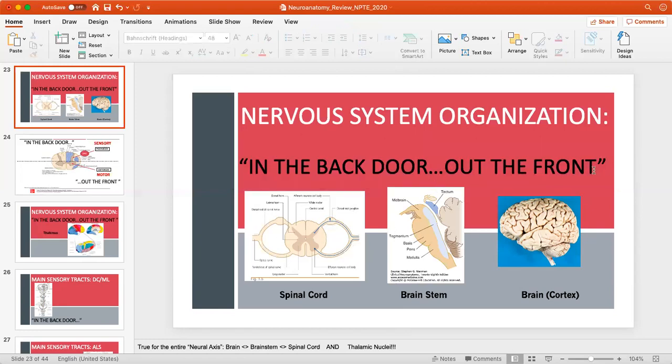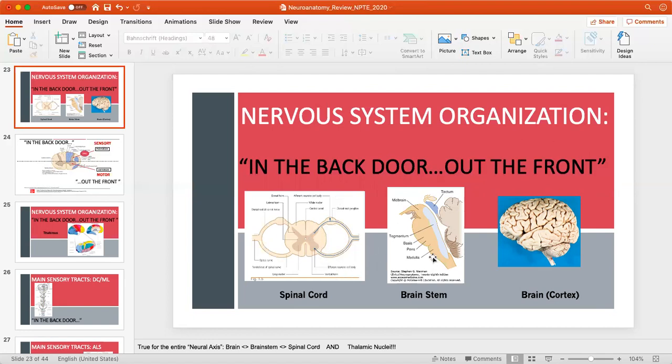Versus motor innervation, or nervous system communication to muscles, goes out the front. So anything to muscles or anything having to do with motor tends to be anterior, in the front of this organization. And we can see that at all these different levels. So in the spinal cord, motor communication happens from the alpha motor neuron, from the anterior horn cell, the front part of the nervous system, out. So in the back door, sensory information comes in, and out the front, we're going out the front.